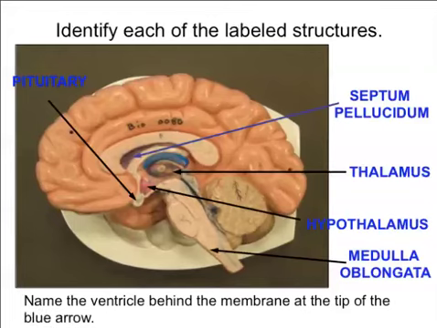The third ventricle is posterior in anatomical position to the lateral ventricles. It's also posterior to the hypothalamus and the pituitary gland. It looks almost like a crow's head if we were to form a cast of it and look at the ventricles of the brain.